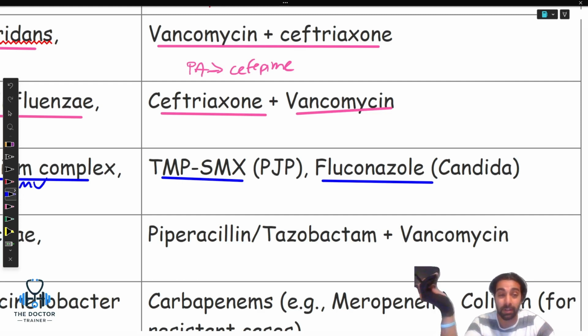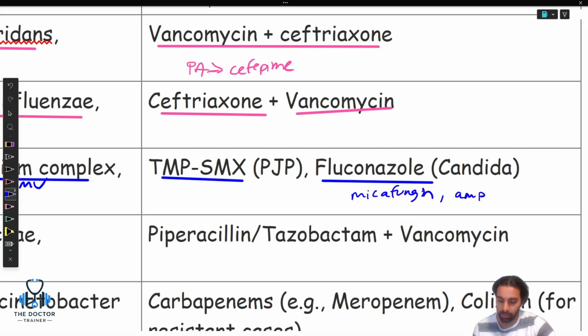You can get ophthalmitis from candida. So if it gets to that point, then you treat with different antibiotics other than fluconazole. Micafungin is a good one, and amphotericin B usually you reserve for second, third line agents.